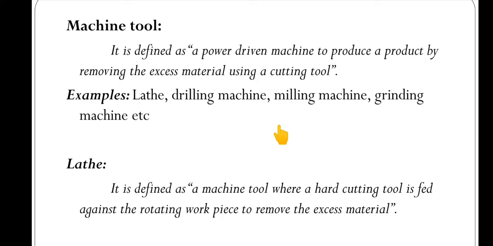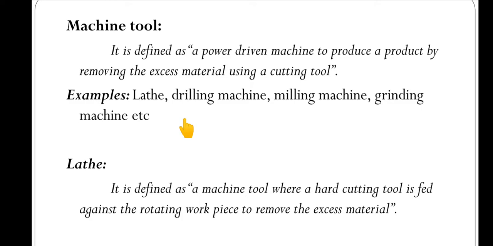Examples: lathe, drilling machine, milling machine, grinding machine, and so on. In your syllabus you have the lathe and milling machine, so we are going to study the lathe further. I hope you have seen the lathe and drilling machine in workshops.